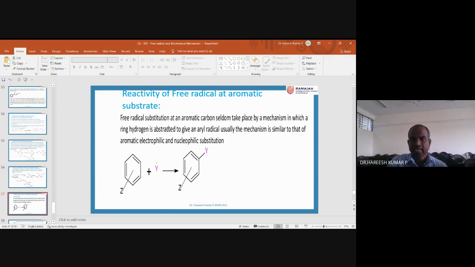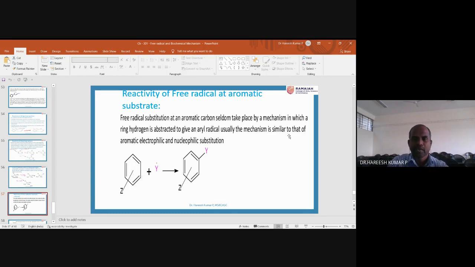So free radical substitution at an aromatic carbon also takes place by a mechanism in which a ring hydrogen, the CH of the aromatic moiety, is abstracted, giving an aryl radical, and that aryl radical is stabilized through resonance.